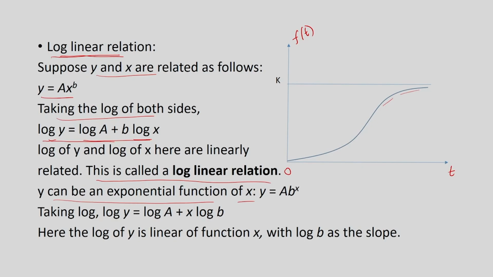Here also we are getting a linear function, but in that linear relationship log y can be considered one variable and x is the other variable. So, one of the two variables is a log function, the other is not. Here log of y is a linear function of x with log b as the slope.